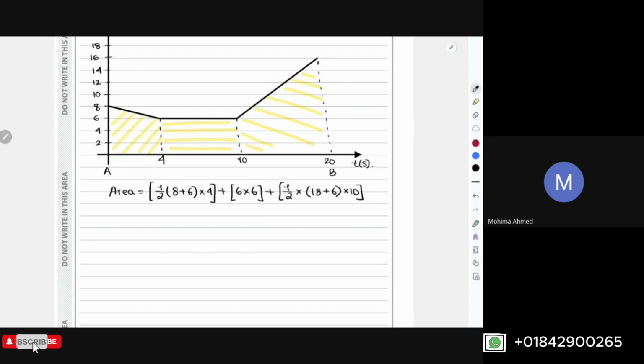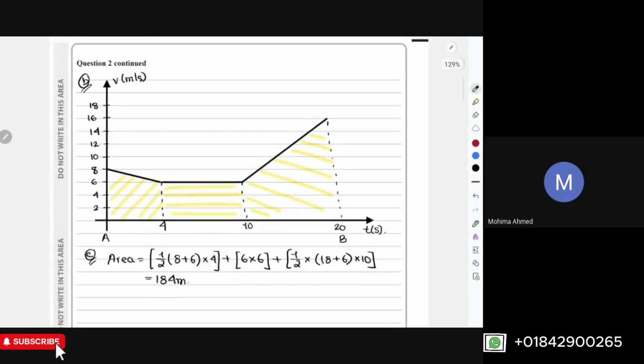And then just calculate all these over here. We have 4 by 2 into 8 plus 6, plus 36, plus 5 into 18 plus 6. You get 184 meters, and that is your answer, option C.